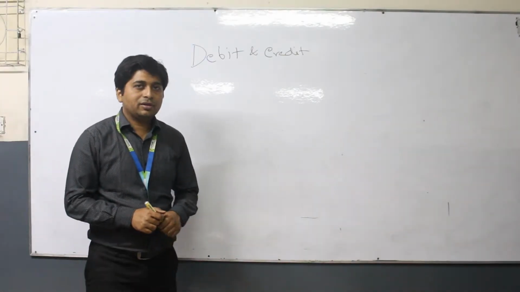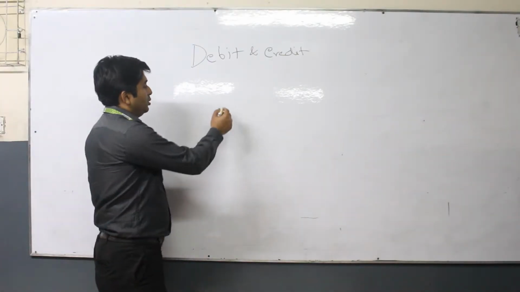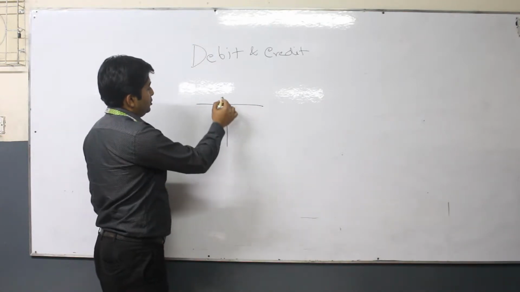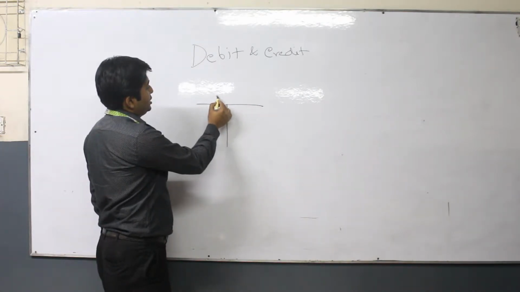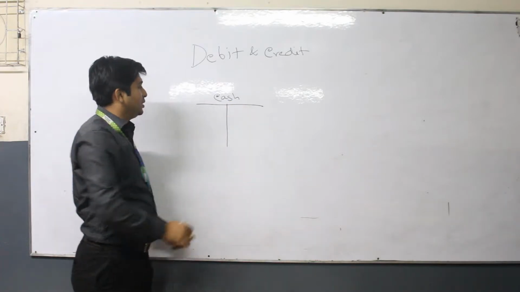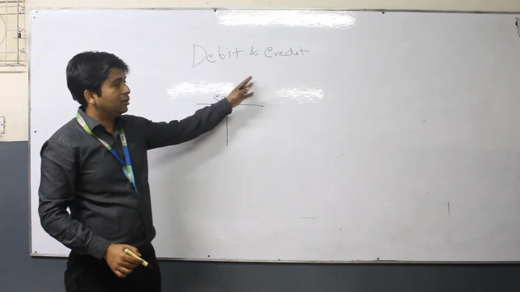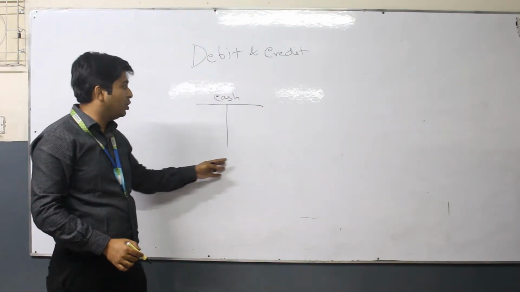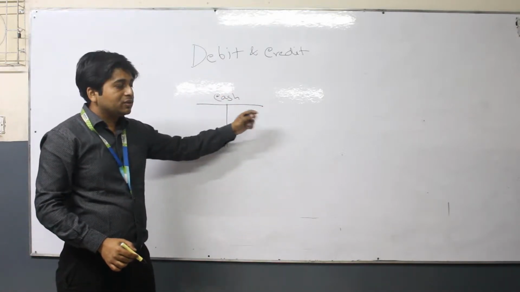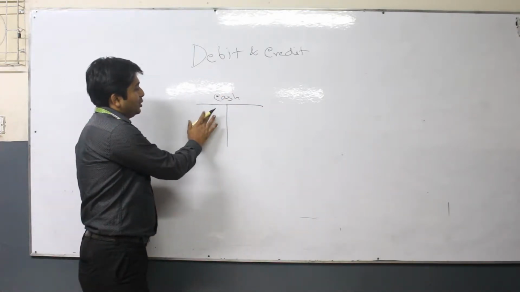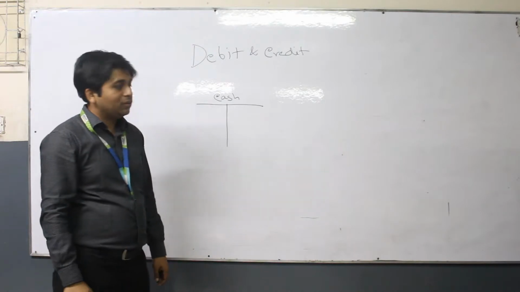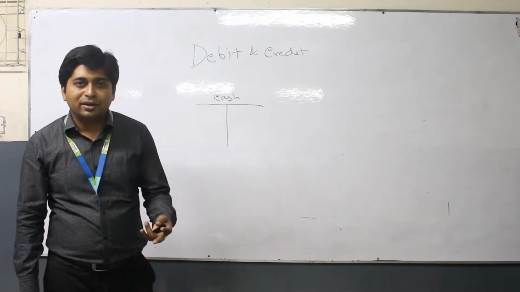Suppose in an account we give the title as cash. That means we are going to discuss only the cash account. There are two sides, one is the left side, another is the right side. Why these two sides?